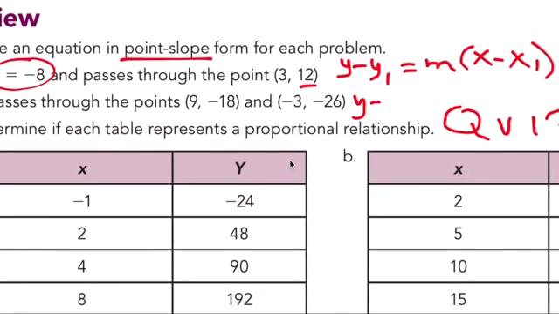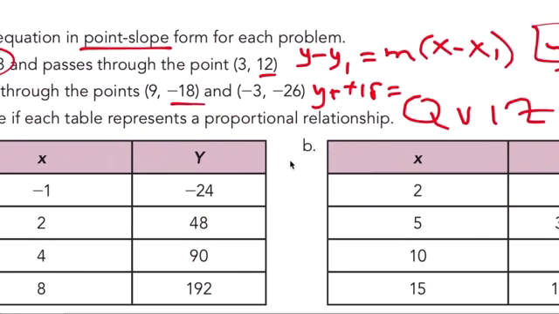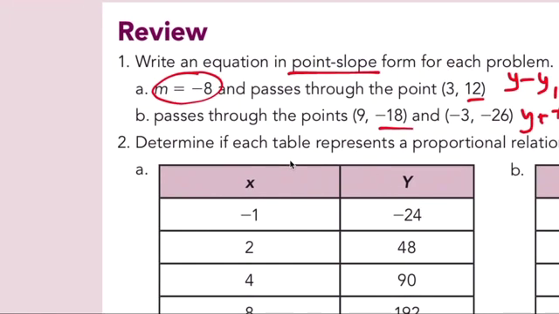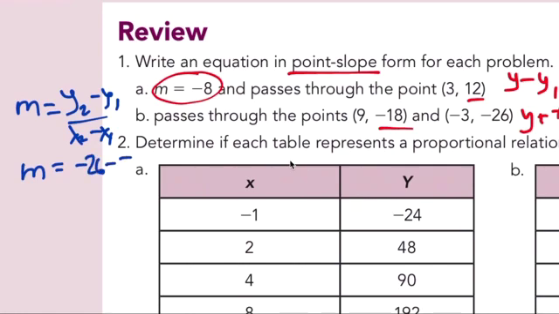So y minus y sub 1 is negative 18 plus m. We don't know m here. We can find it. Then x minus 9. We need to find m here. So finding the slope of number 1 here, m equals y sub 2 minus y sub 1 over x sub 2 minus x sub 1, equals y sub 2 is negative 26 minus negative 18 over negative 3 minus 9.